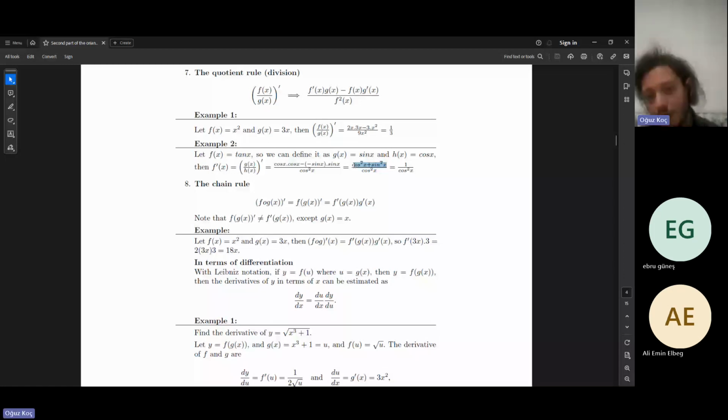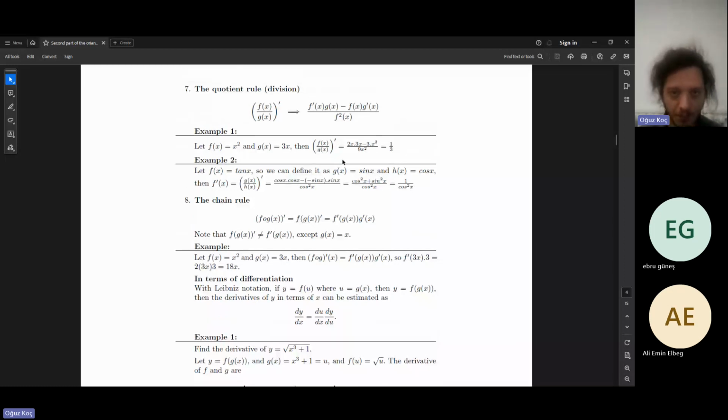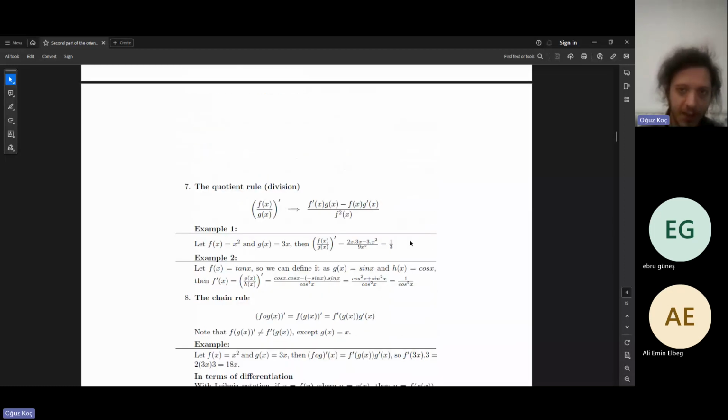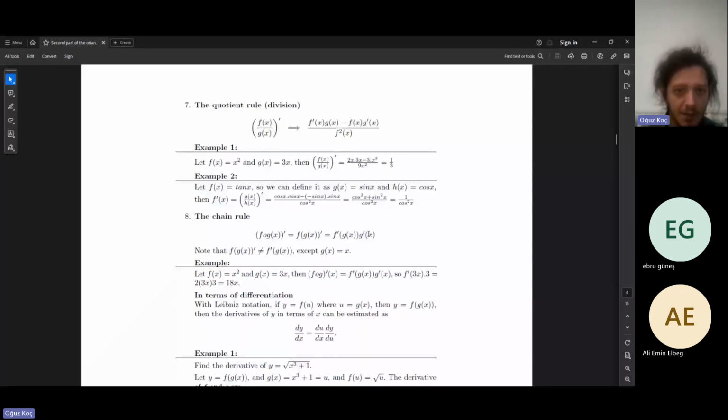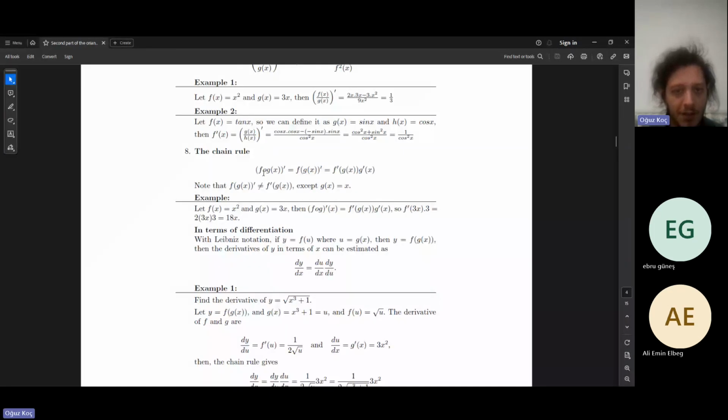And when you simplify it, it just gives you 1 over the second power of cos x. In this way, we know that the derivative of tangent x is equal to 1 over the second power of cos x. We showed that in this case. And also we have the chain rule.